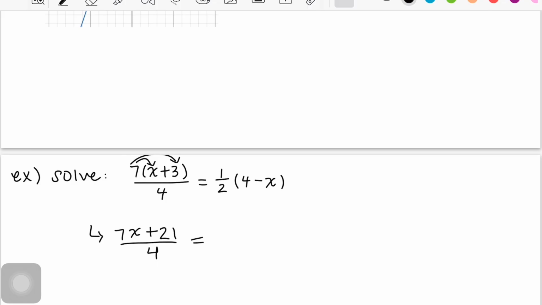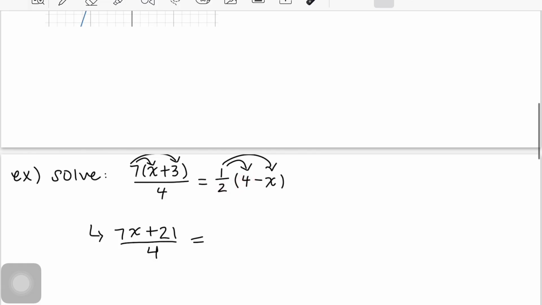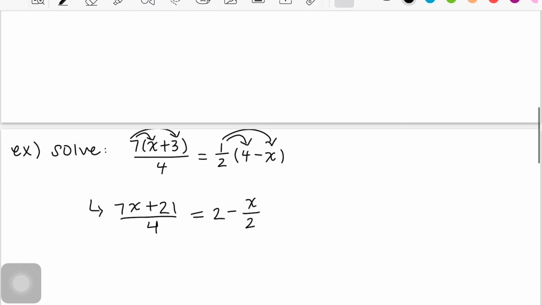Then on the right-hand side of our equation, I'm going to distribute this 1/2 to both of these terms here. So we get 4 over 2, so that's just going to be 2, minus x over 2. Right? The next thing we can do is multiply both sides by 4 to get rid of this fraction on this side.